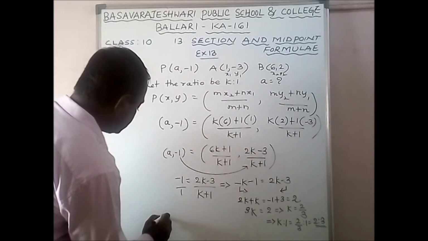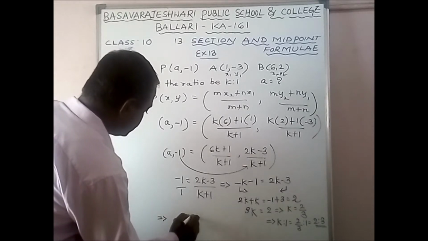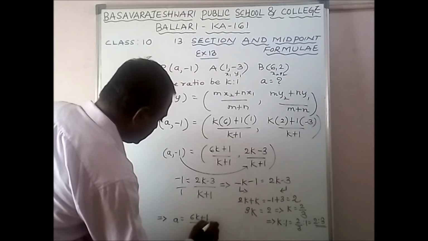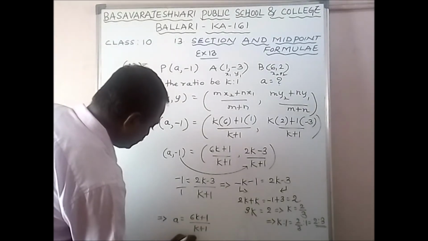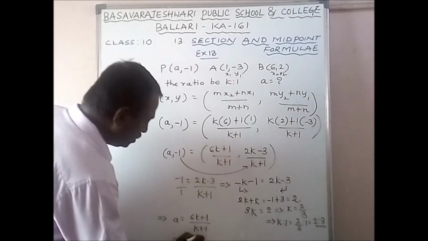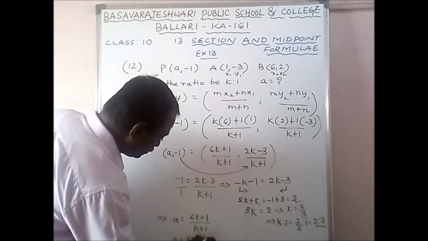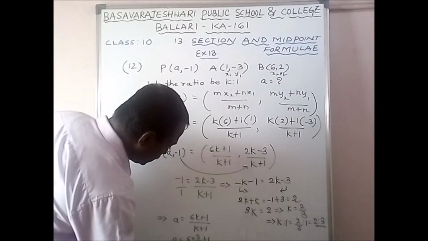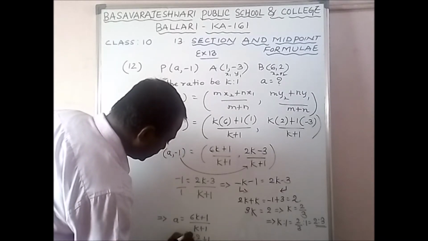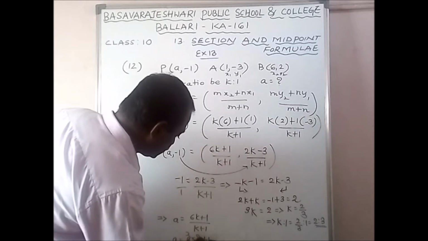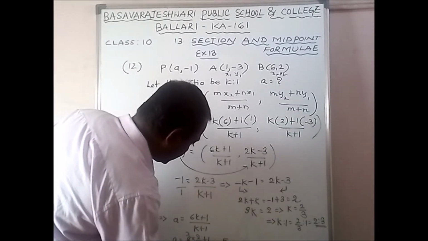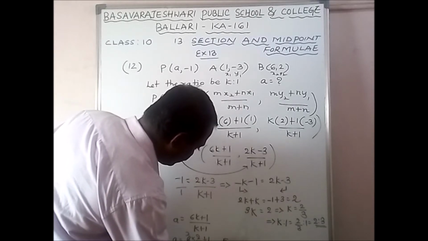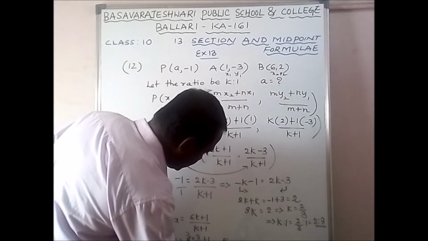So this implies a is equal to (6k plus 1) by (k plus 1). This a is equal to (6 into 2 by 3 plus 1) by (2 by 3 plus 1), that is 4 plus 1, 5 by 3 is the LCM, 2 plus 3 remains, so 5 by 3.